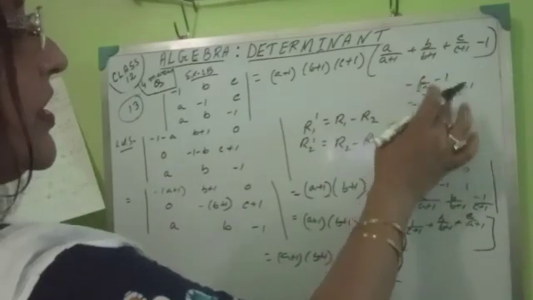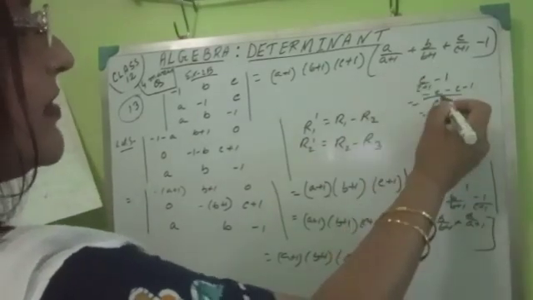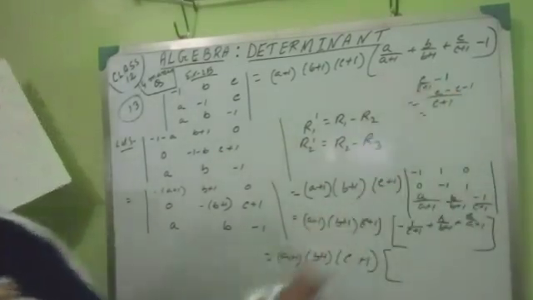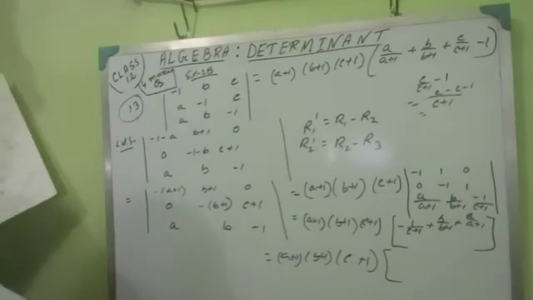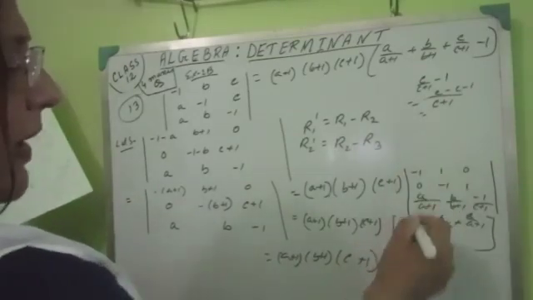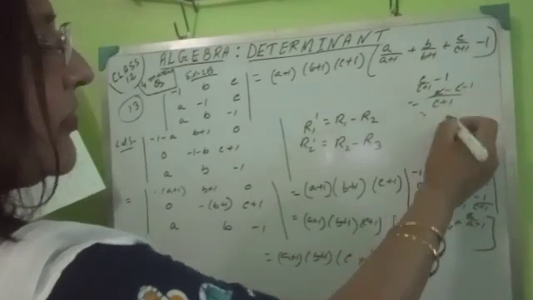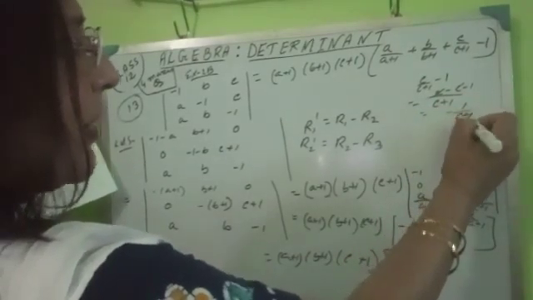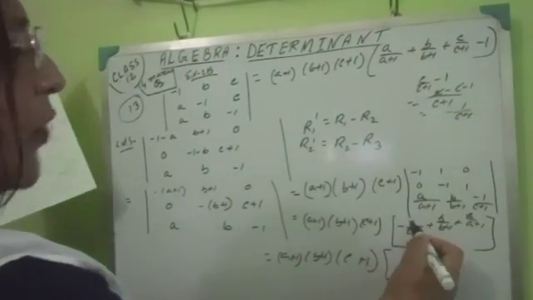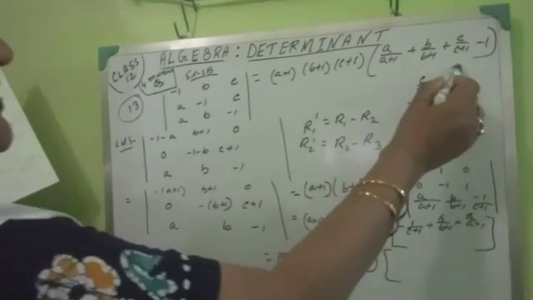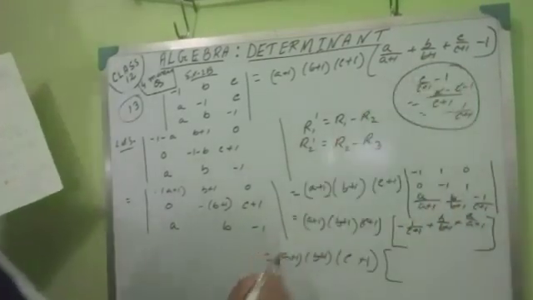No, it will be c by c plus 1, right? C by c plus 1 minus 1. Instead of minus 1 by this plus c minus c will be cancelled. So instead of this minus 1 by c plus 1, we can write c by c plus 1 minus 1.